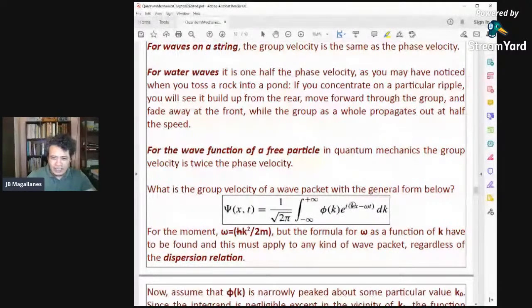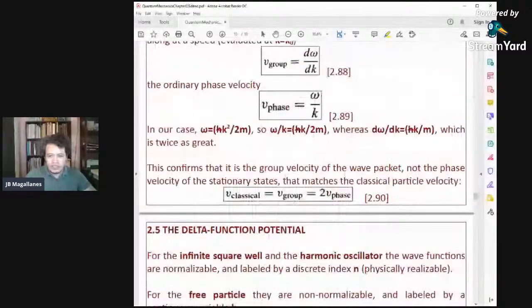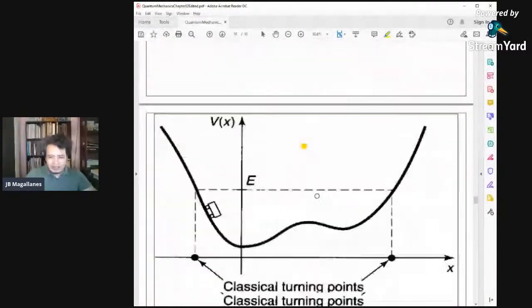k could be anything. In the wave packet, some waves travel to the right and some waves travel to the left. The wave packet just goes everywhere in space, so k could be to the right, could be to the left.